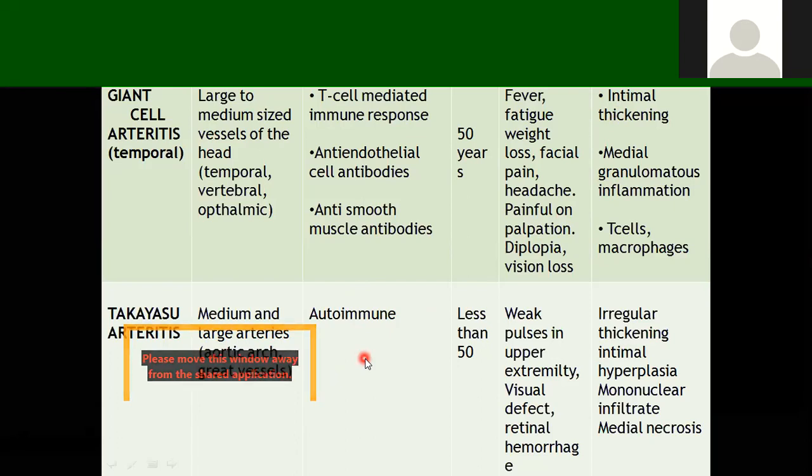The second is Takayasu arteritis. Takayasu arteritis generally occurs in younger individuals, less than 50 years. So a typical scenario would be an Asian female of age around 30 or 40, right? So temporal arteritis in males above 50, Takayasu arteritis in females below 50, right?